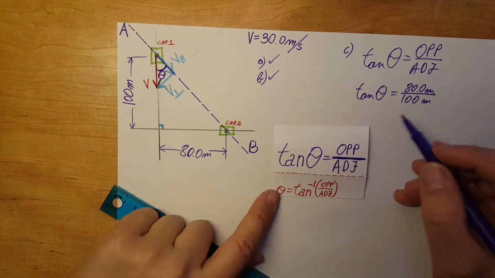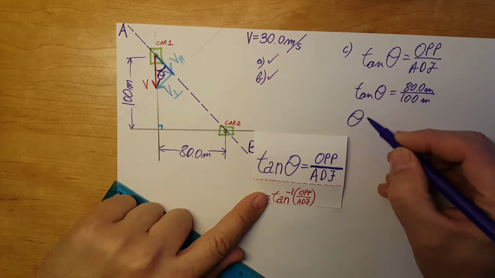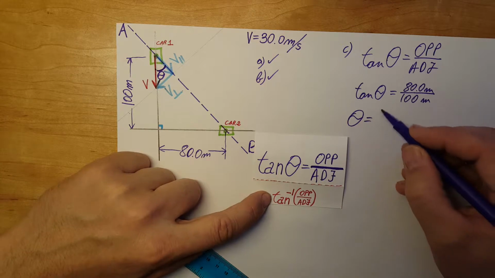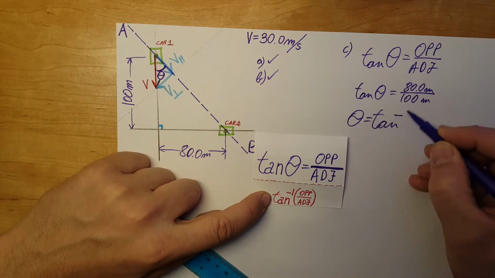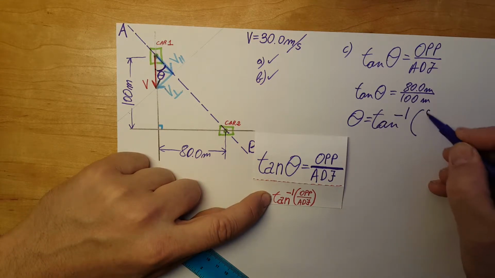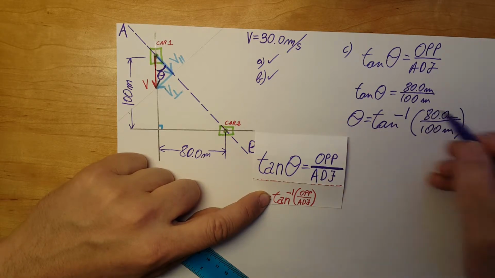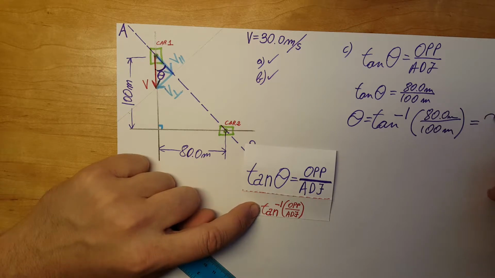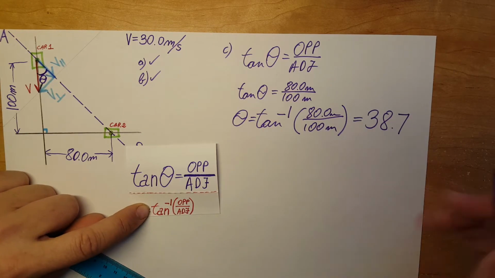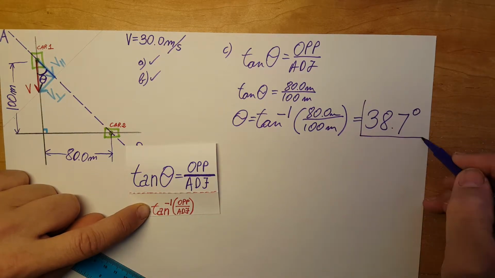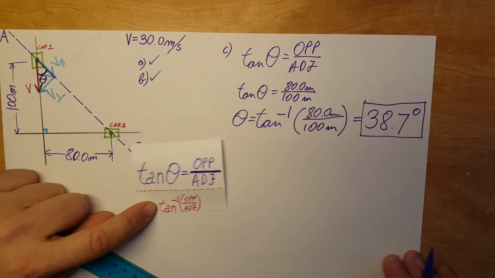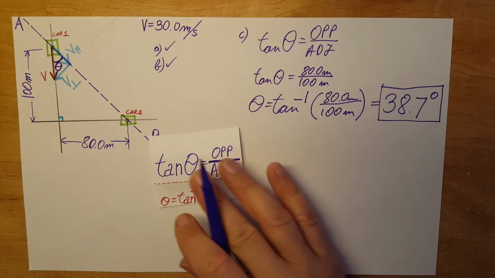So for that, theta equals the inverse tangent of 80 meters over 100 meters. And if we calculate this with a calculator, we're gonna get the value to be 38.7 degrees. Here you go.